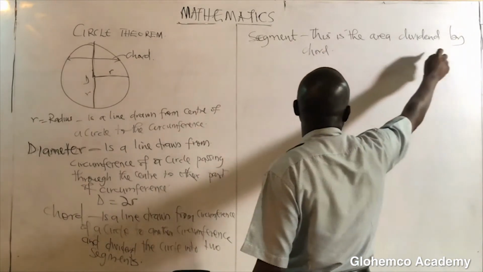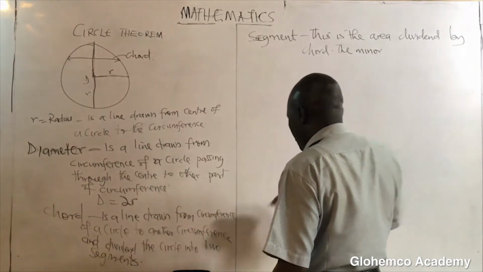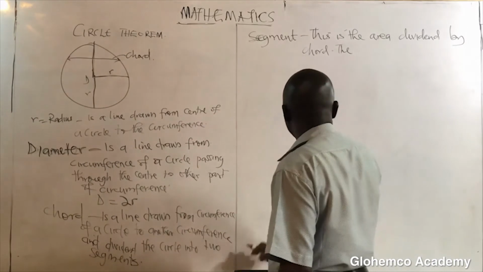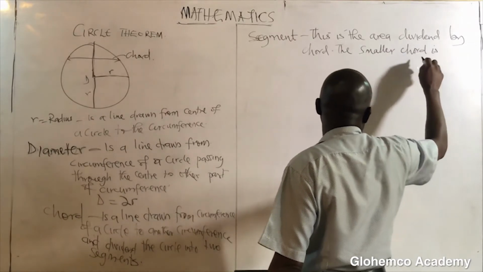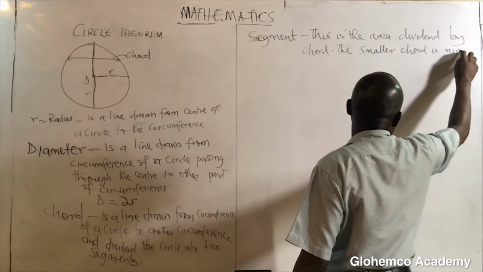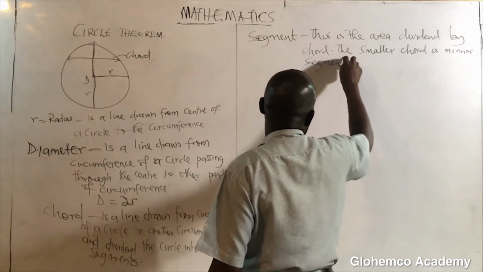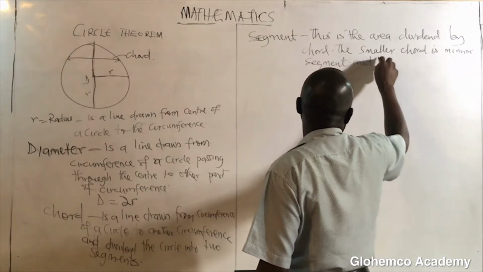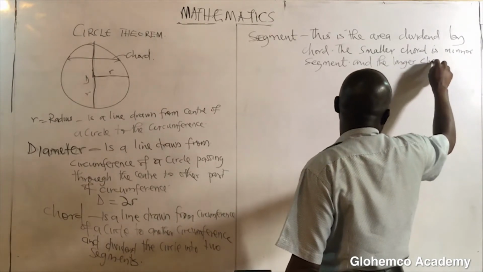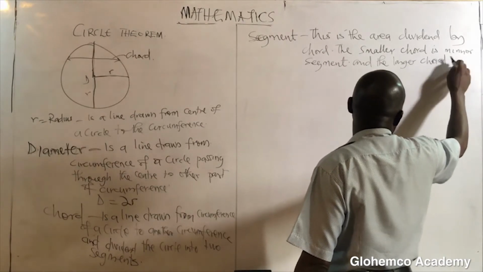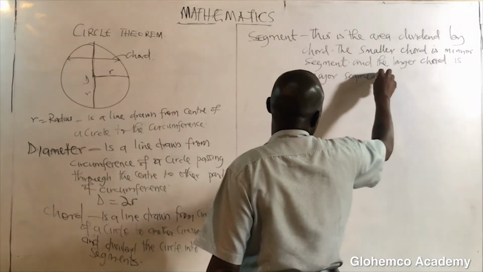So when we say this is the area divided by a chord, the smaller one is the minor segment, and the larger one is the major segment.